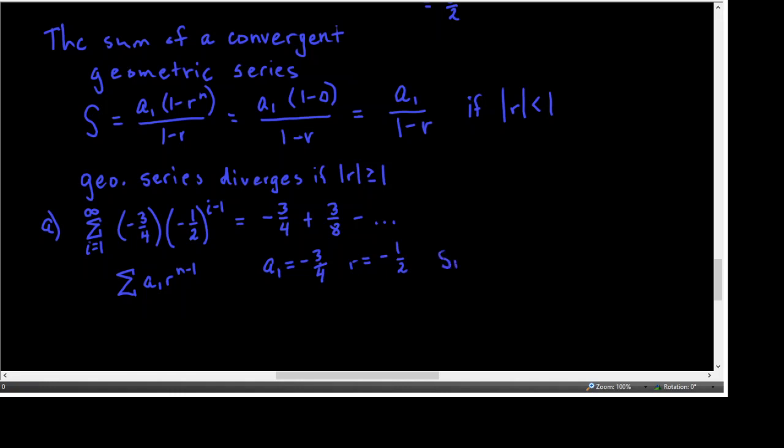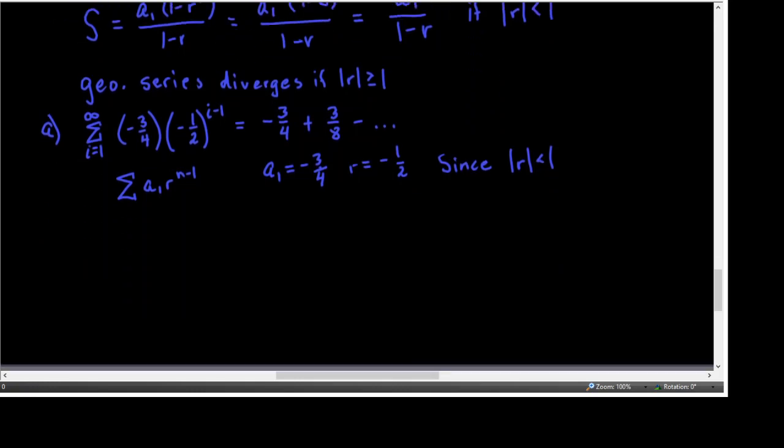Since the absolute value of this particular r is less than 1, because of course the absolute value of negative 1/2 is 1/2, and that is smaller than 1, then we know the geometric series converges. And since it converges, we know what it converges to.